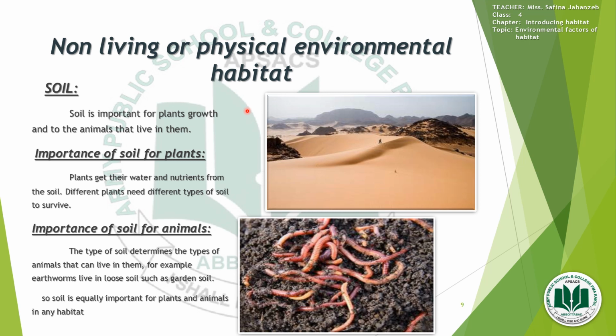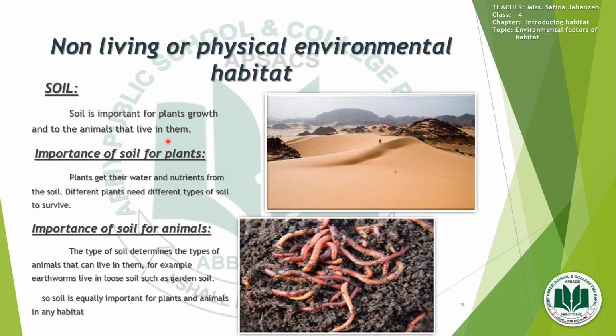Students, now we have the last point or the last slide of the lecture. So, the last point which we are going to discuss in non-living or physical environmental factors is soil. How much soil is important for animals and for plants?